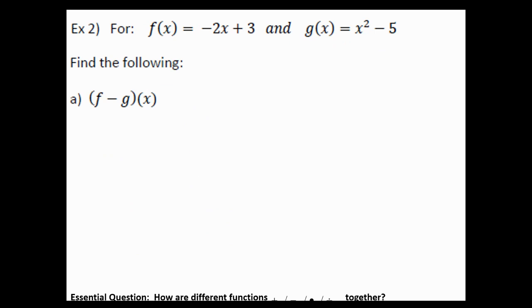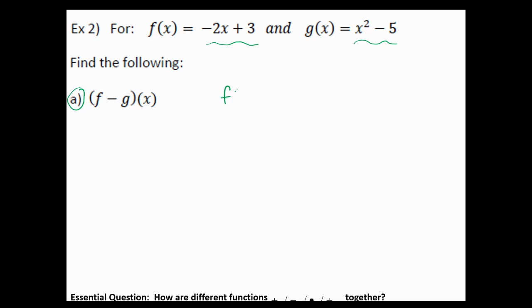Okay, so for example 2, I'm just trying to show you that you'll get 2 different answers. We use the same functions on both example A and example B. But if you notice, on A we're doing f minus g. And if I advance this for a second, example B is g minus f. I'm just trying to show you here that you do get 2 different answers.